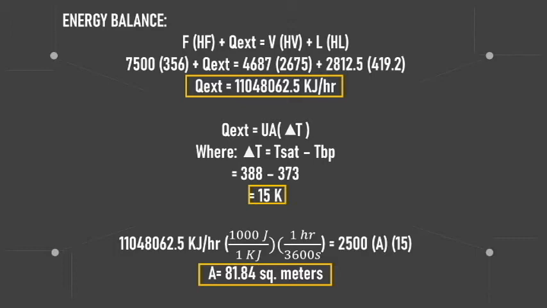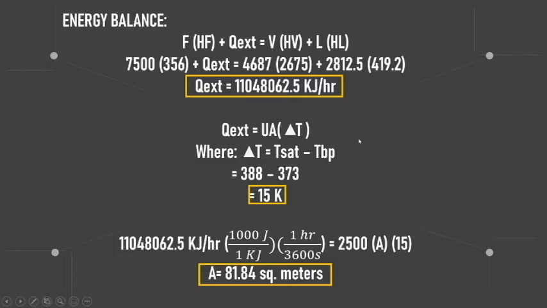So 7,500 times 356 plus Q external is equal to 4,687.5 times 2,675 plus 2,812.5 times 419.2, and then we can calculate for Q external, which gives us the value of 11,048,062.5 kilojoules per hour.